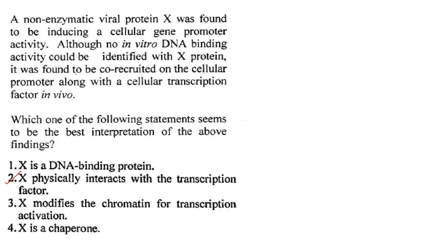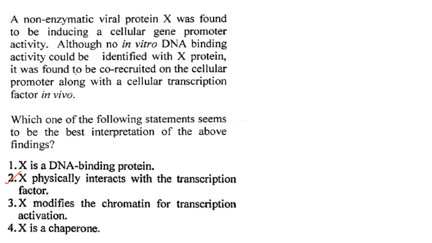So they conducted EMSA, the electrophoretic mobility shift assay, for knowing the binding between the protein and the DNA, and they found out that DNA binding activity could not be identified with X protein. So X is not a DNA binding protein as per the experiment.